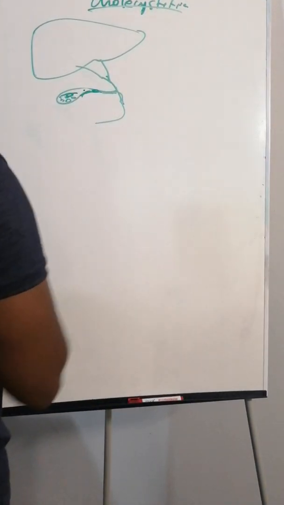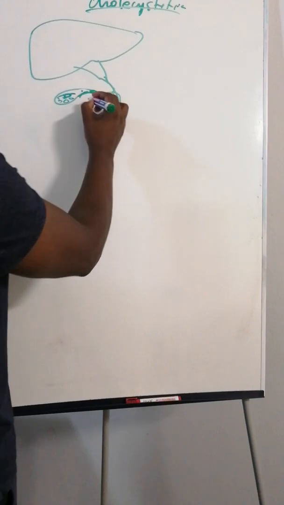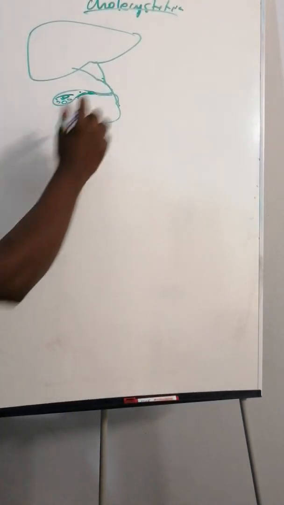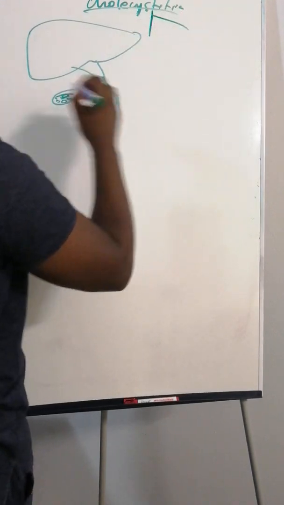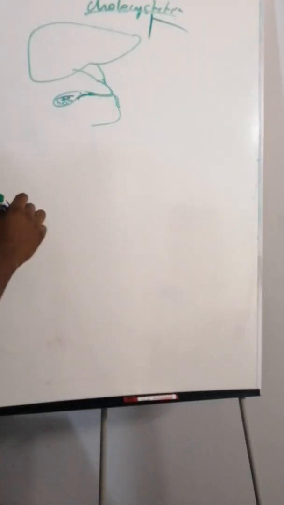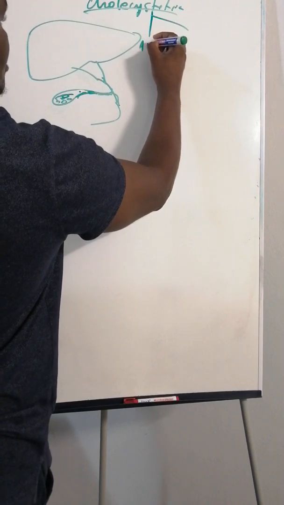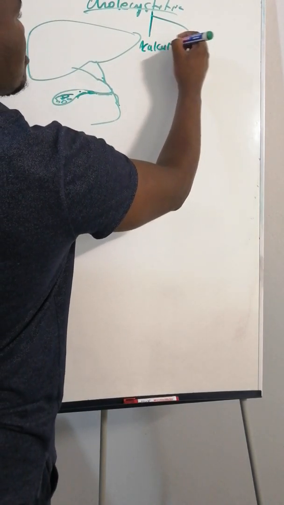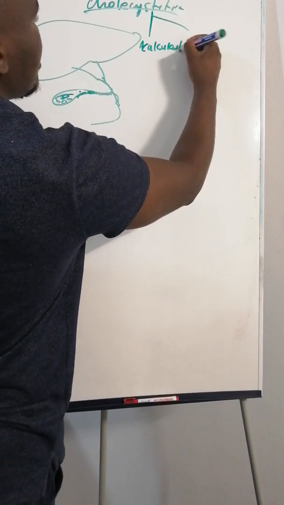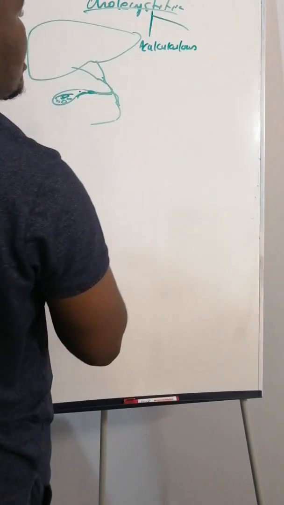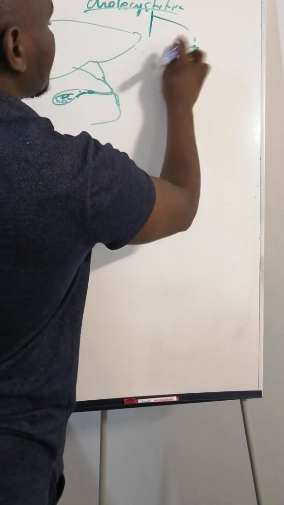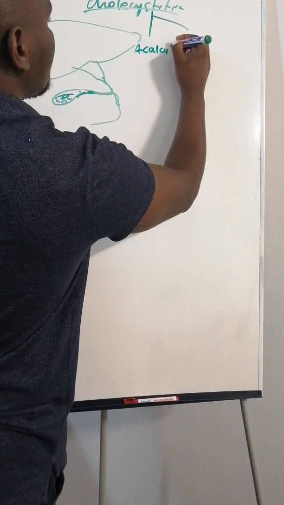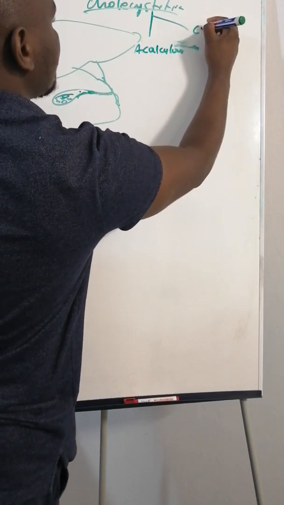But if this stone stays there, first of all, okay, let me just quickly say this. Cholecystitis can be acalculous, or it can be calculous.